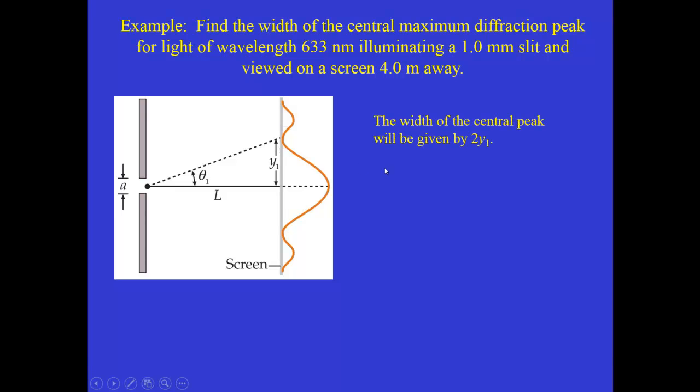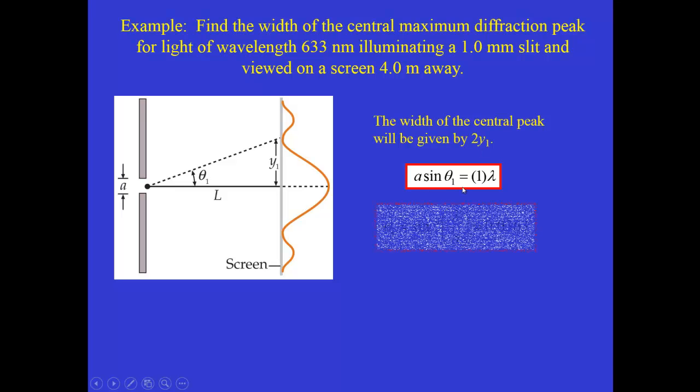Okay, so it's simple enough to use the condition for where a minimum is located. A times the sine of theta 1 is just, using m equals 1, it's just going to be lambda. But to get y, we're going to use an expression for the tangent of theta, because that's going to give us the correct relationship. So this will allow us to solve for the angle.